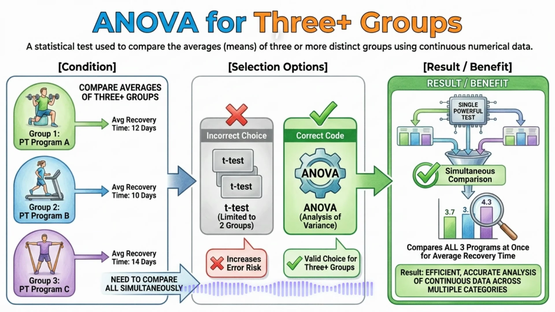Running multiple separate t-tests would severely increase the risk of mathematical errors. So the ANOVA acts as a single, powerful test that compares all 3 programs simultaneously. You must remember that ANOVA is specifically designed for analyzing continuous numerical data across multiple distinct categories.